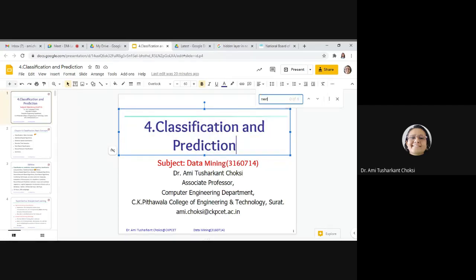In the last lecture, we saw the numerical example wherein we trained the neural network. Then we were checking whether it is giving the correct output for all the known inputs, right?